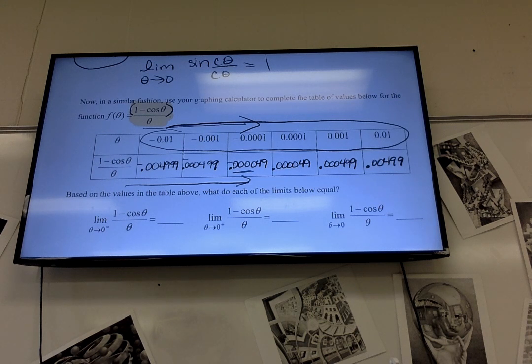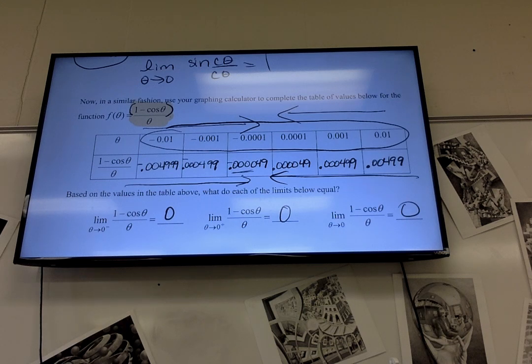Smaller. So if you have a number that's negative and keeps getting smaller and smaller, what's it getting close to? 0. If I go the other way, 0. And so therefore, the limit as theta approaches 0 of that is 0.